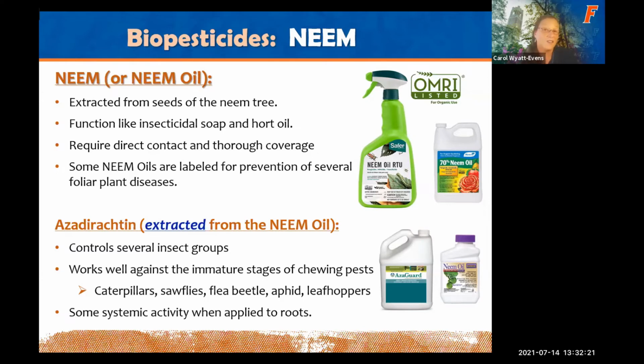So you can apply it to the roots, and if you need just a short term, it's usually used on smaller plants. If you really need that plant to survive past that initial growing phase, you can use an azadirachtin drench. You pour it in with your water, and then it's going to go throughout that plant, but it's a weak systemic. So it's not going to be long-term like a conventional systemic pesticide.